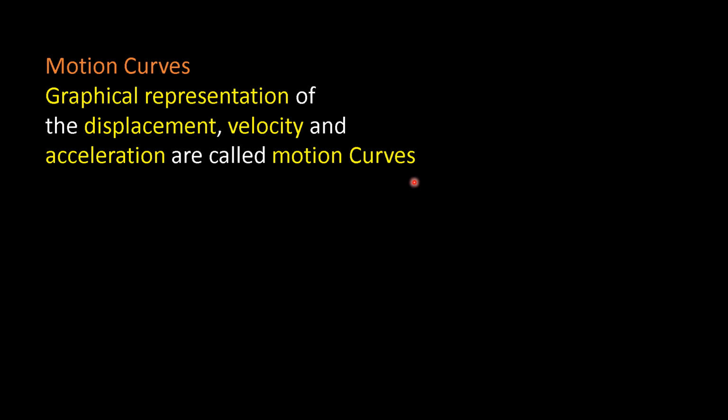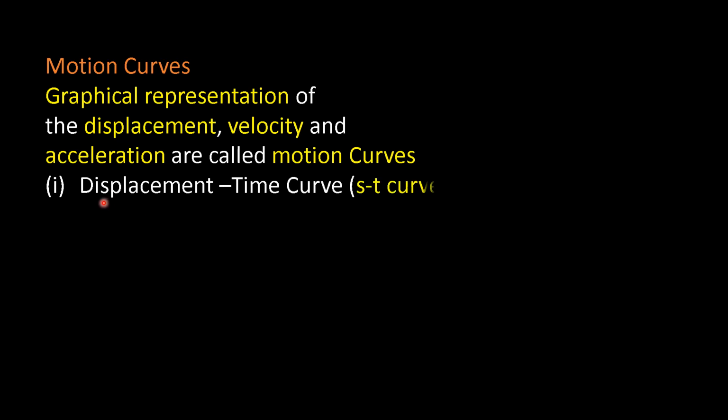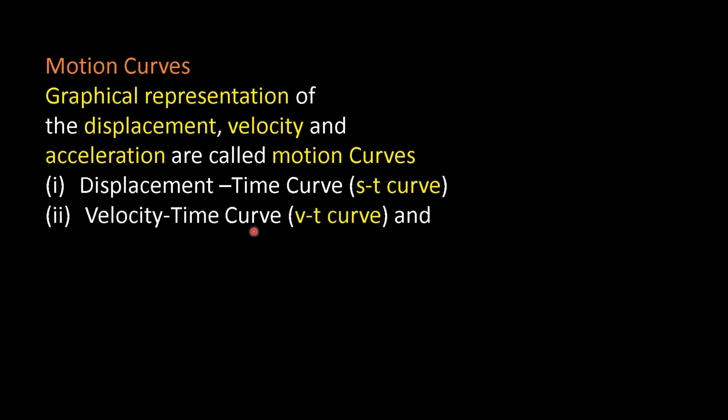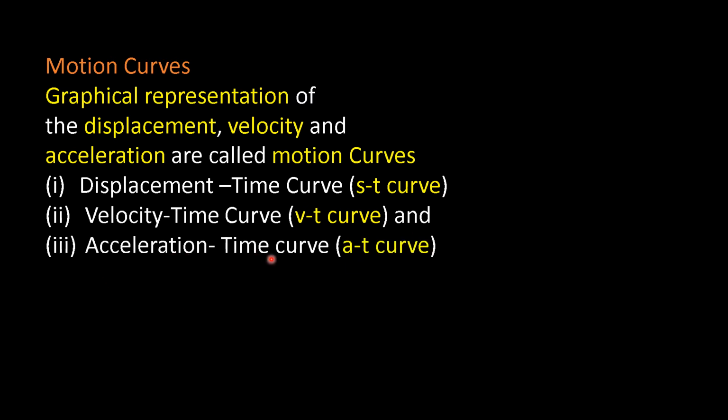Basically, there are three types of motion curves. The first is displacement time curve or ST curve. The second is velocity time curve or VT curve. And the third is acceleration time curve or AT curve. Let us study these curves one by one.